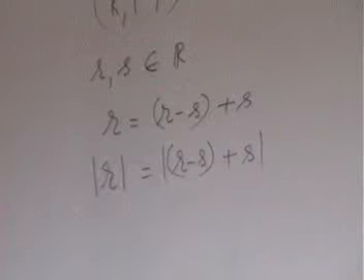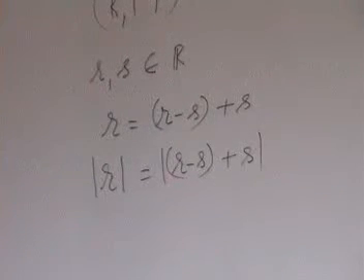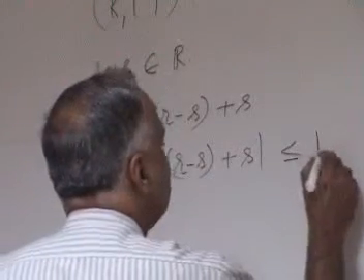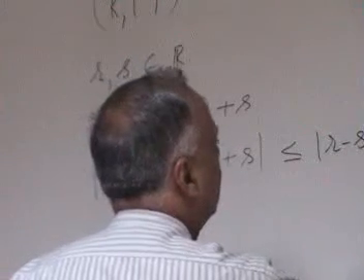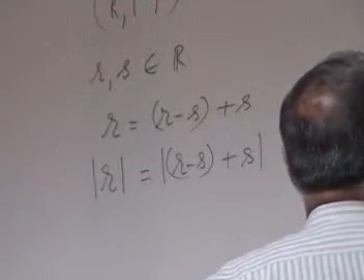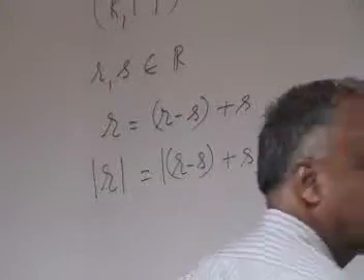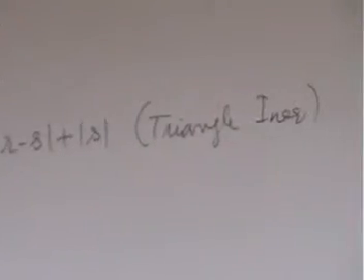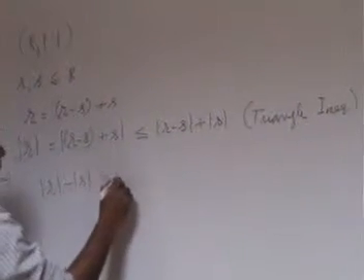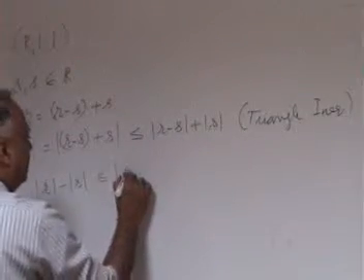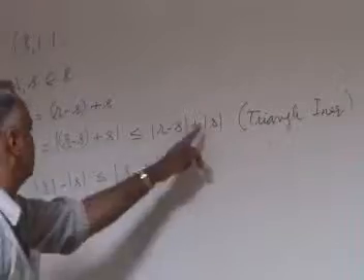Now this is the triangle inequality: the absolute value of a plus b is less than or equal to the absolute value of a plus the absolute value of b. So I can write this, using the triangle inequality, and I take this to this side.